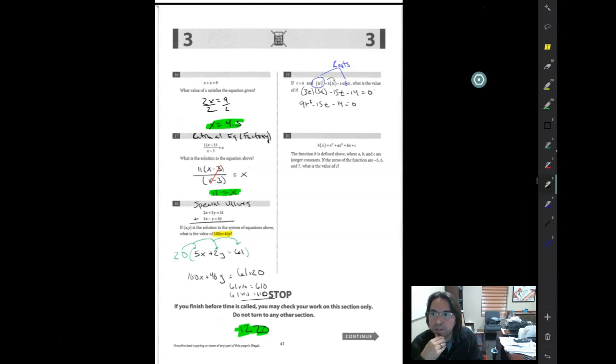Now, this is a little bit different. One thing we need to recognize is that quite often with the SAT, they're not going to give you some crazy quadratics to factor, but I know that 9t squared can be rewritten as 3t times 3t. So that's what I want to try first. And if I'm trying to get to negative 14, my factors can be 7 and 2.